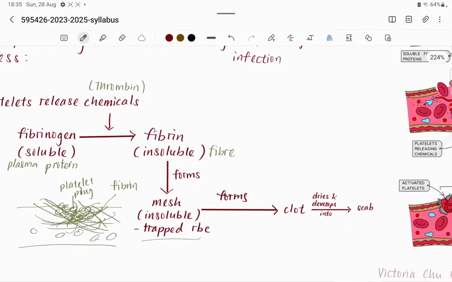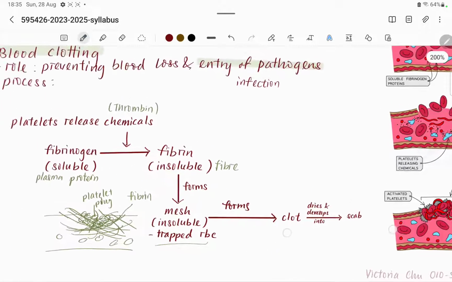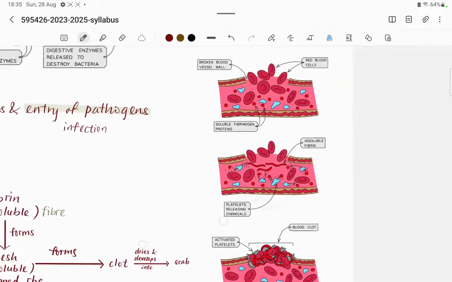Then fibrin will form an insoluble mesh here to trap the red blood cells from flowing out of the blood vessel. Eventually the mesh will form a clot, and then the clot will dry and develop into a scab. This blood clotting will also be one of the popular questions in the exam because it's quite important.